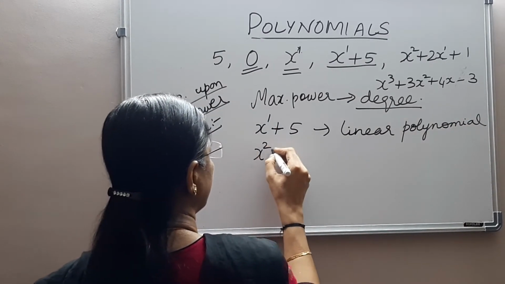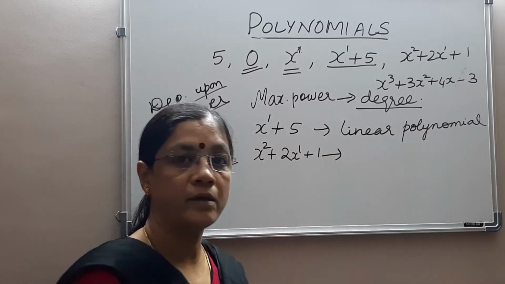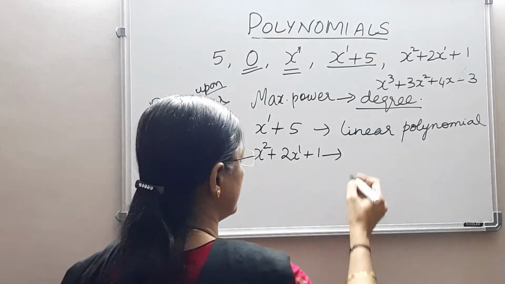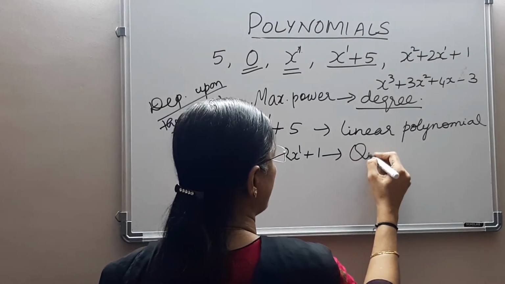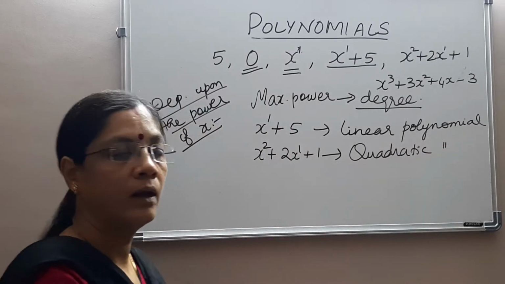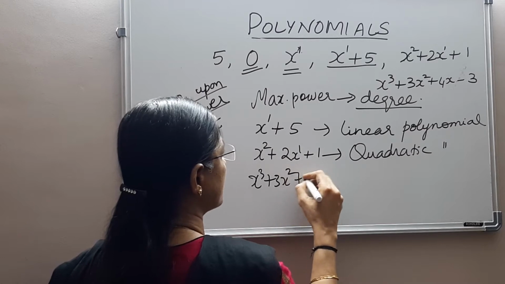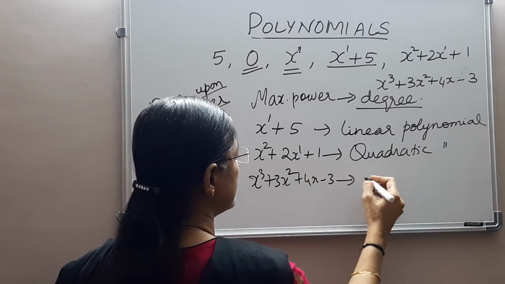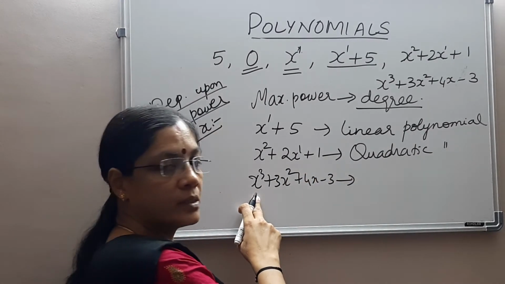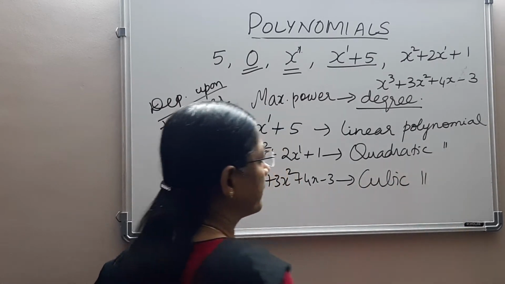Now, if the maximum power is 2 or the degree is 2 in an expression, it is called a quadratic polynomial. Then if it is 3, like x cube plus 3x squared plus 4x minus 3, in this case the maximum power, that is the degree, is 3, so it is called a cubic polynomial.